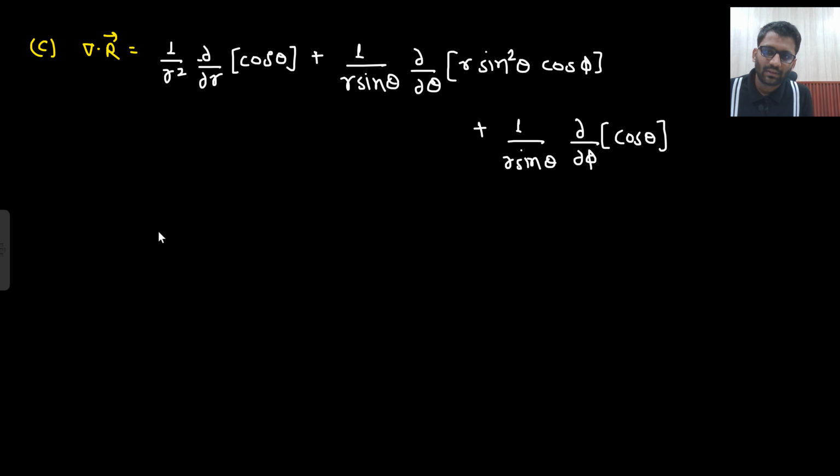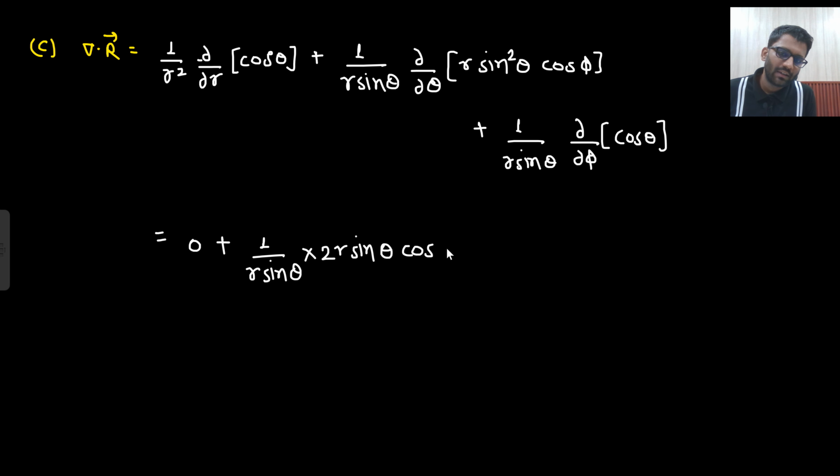Now let's see what this will give you. 0, because cos theta is differentiated with respect to r, so cos theta is constant with respect to r. Plus what will this give you? 1 by r sin theta into d by d theta of r sin square theta cos phi.